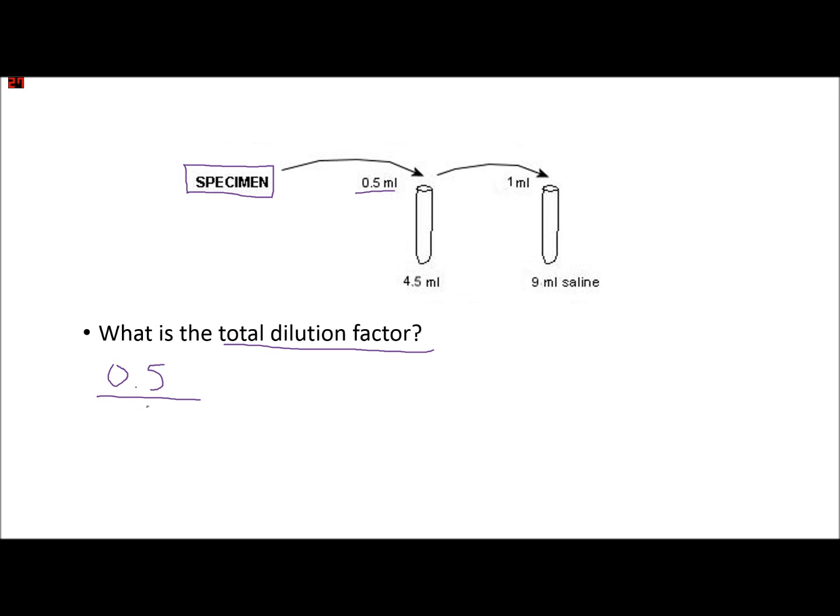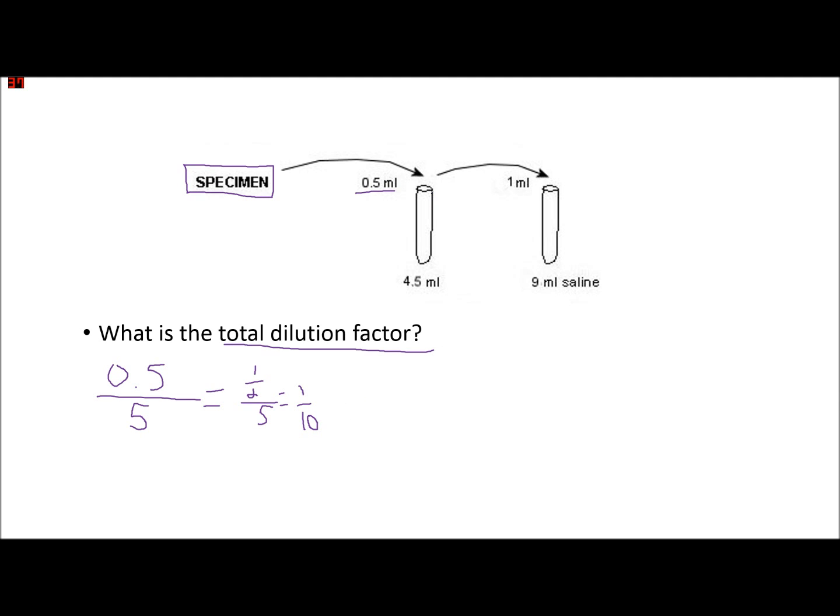The whole is actually 5, 4.5 plus the 0.5. So this is our first dilution factor here, which is just 0.5 over 5, or 1/10. So our first dilution factor is 1 in 10.